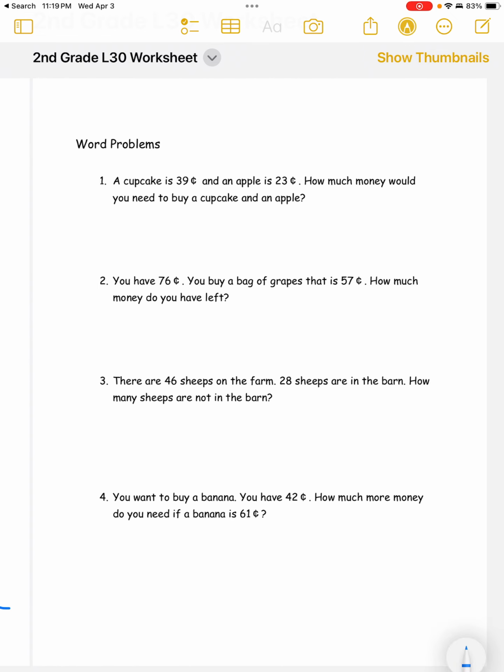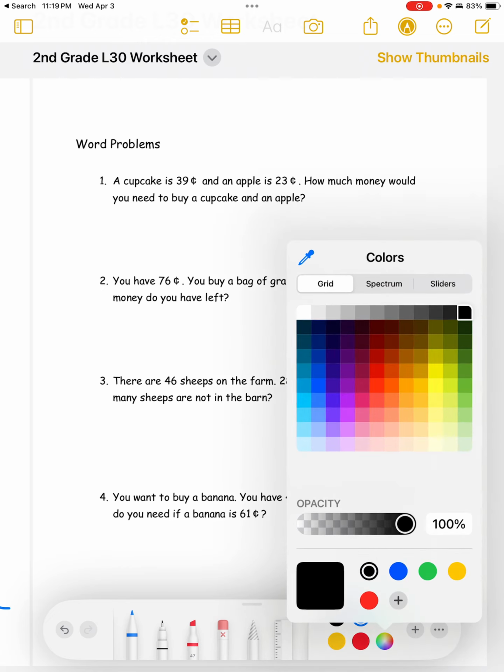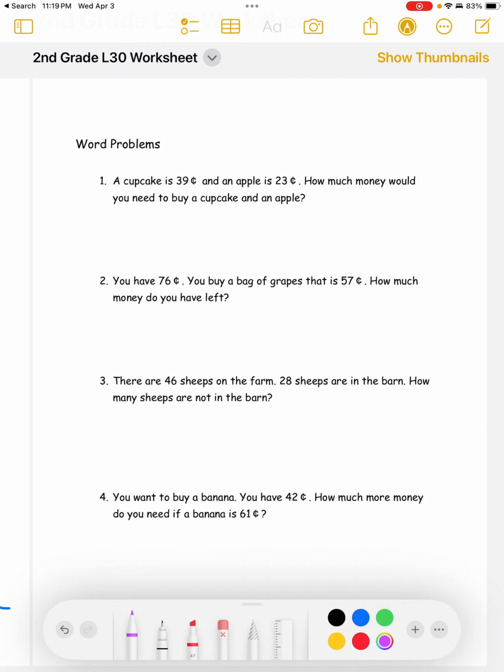Okay, last page. Let's answer questions 1 and 2. Word problems. A cupcake is 39 cents and an apple is 23 cents.